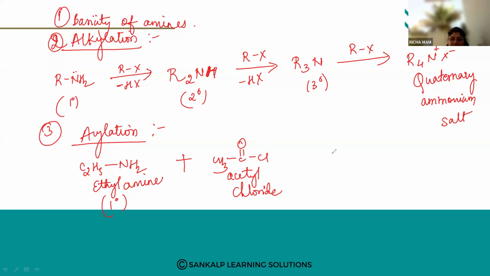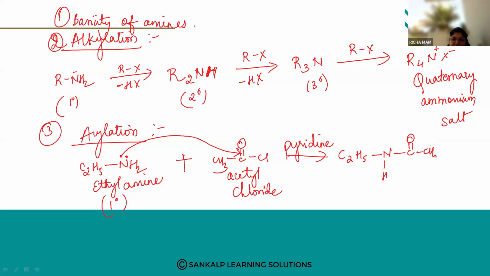We react it with acetyl chloride in the presence of pyridine. Pyridine is a base. The lone pair of electrons on the nitrogen attacks the carbonyl carbon. We get C2H5NH with one hydrogen atom replaced by the acetyl group, and HCl.